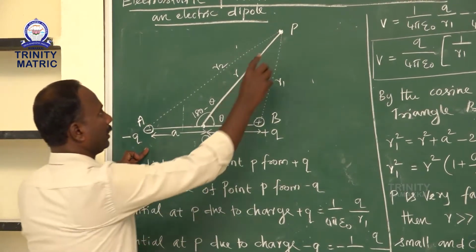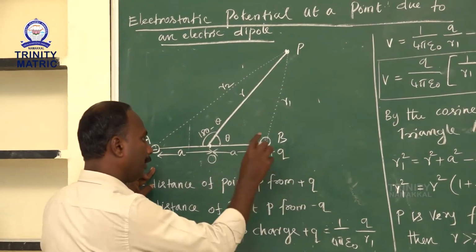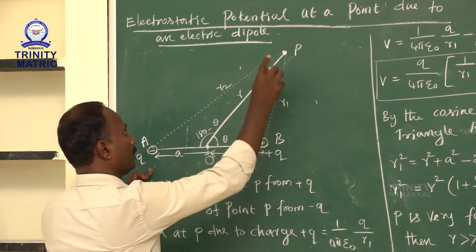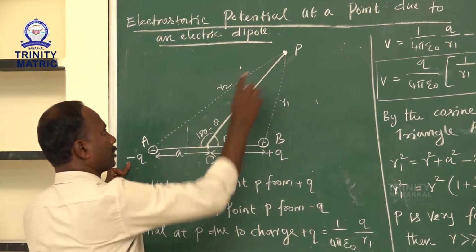Now we want to calculate the electric potential at point P due to plus Q and due to minus Q.